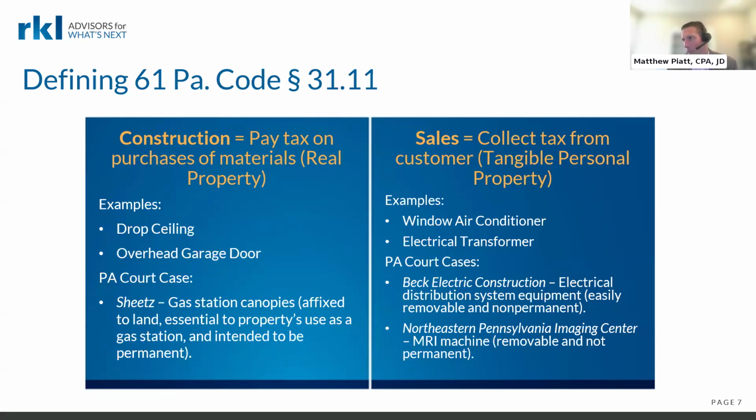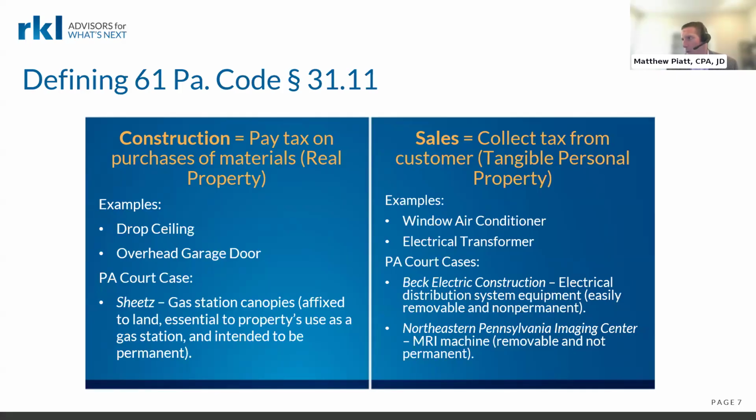Affixed to the land, that's a key phrase. Intended to be permanent, essential to its use as that thing, meaning that if someone else bought that property, I mean, they're stuck with a gas station. This thing's going to be a gas station. It's a gas station canopy that's affixed to the land. So that leans more towards making it real property there.